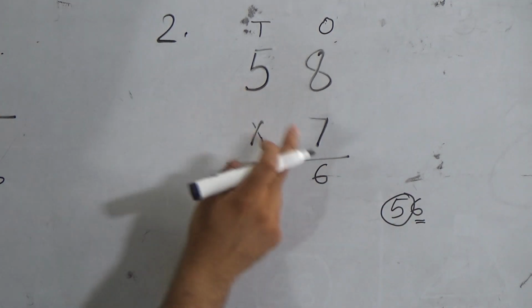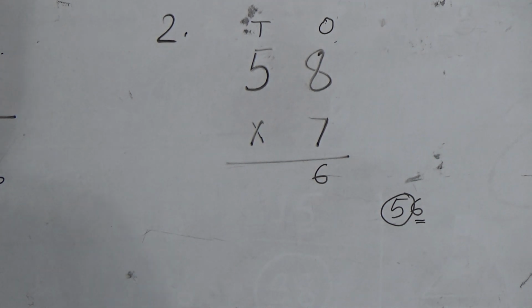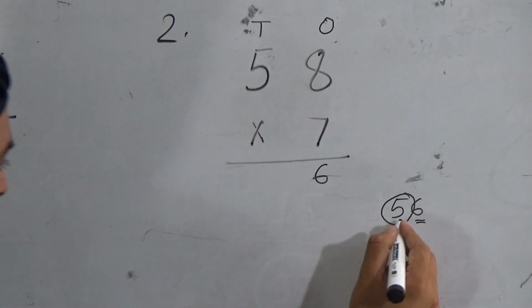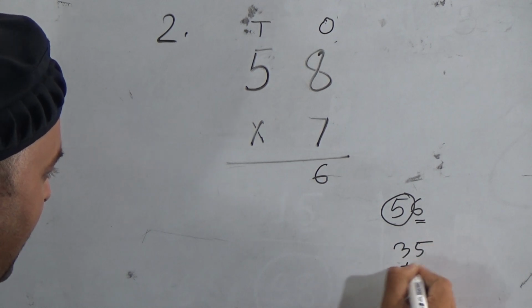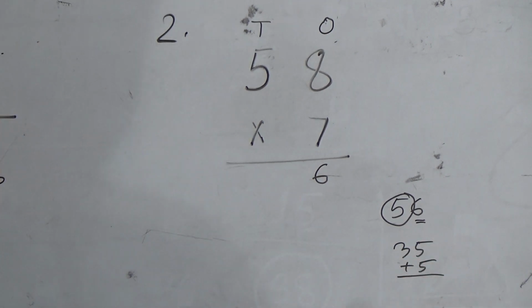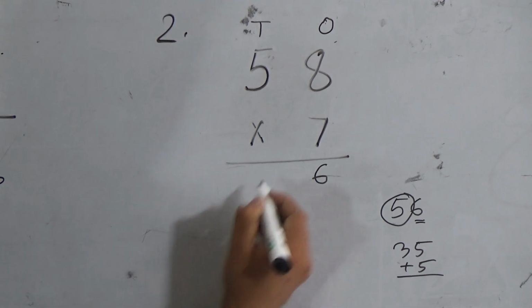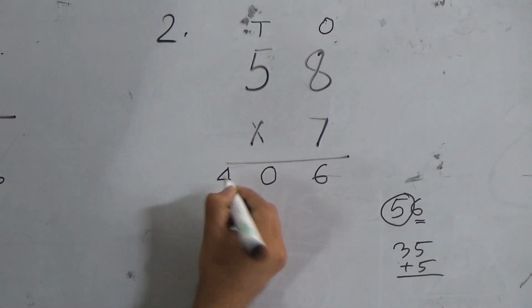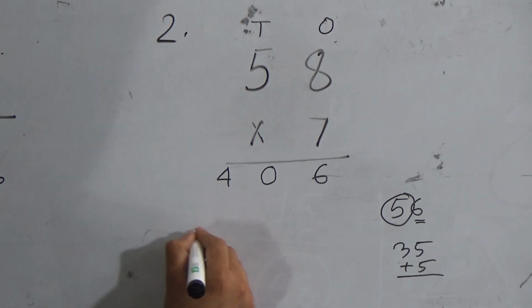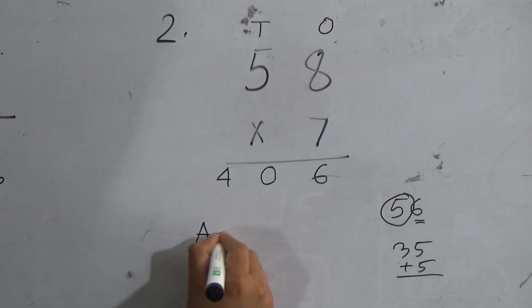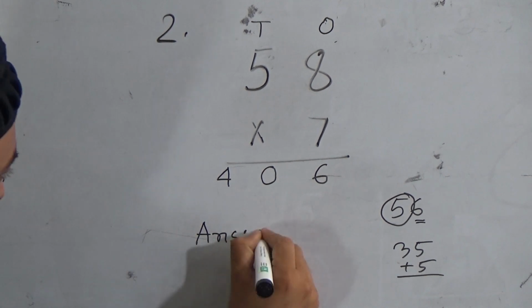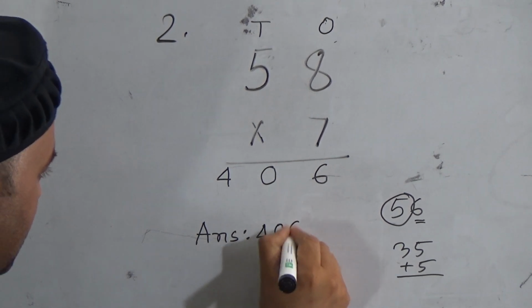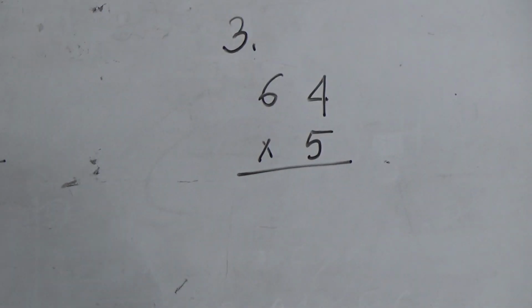Do you know what 5 7s are? 5 7s are 35, and add 5: 35, 36, 37, 38, 39 and 40. So here it will be 0 in the 10's place and here it will be 4. So the answer is 406. Now my dear students, go to the next question.